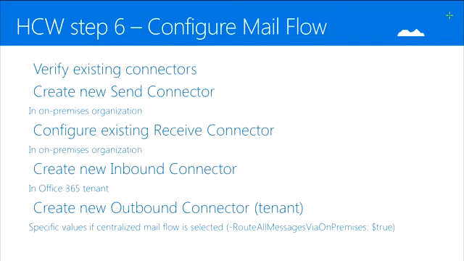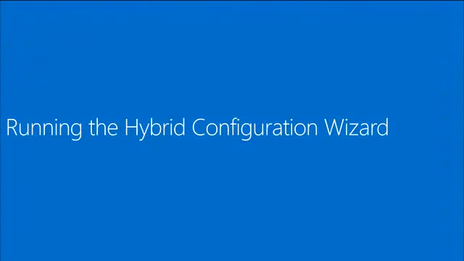So essentially, these are the requirements. You need to verify the existing connectors. You need to create the new send connector and set the existing receive connector. And that's those 5 steps, the 6 steps that I just showed you here. The nice thing is, though, you don't need to do this by hand.